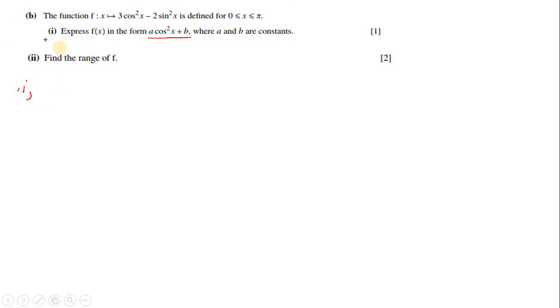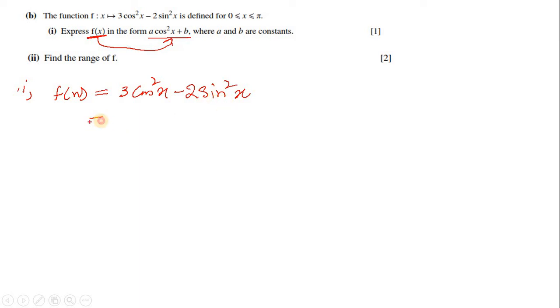So you are given a function f of x in terms of cos and sine, 3 cos square x minus 2 sine square x, and you need to rewrite the function only in terms of cos.